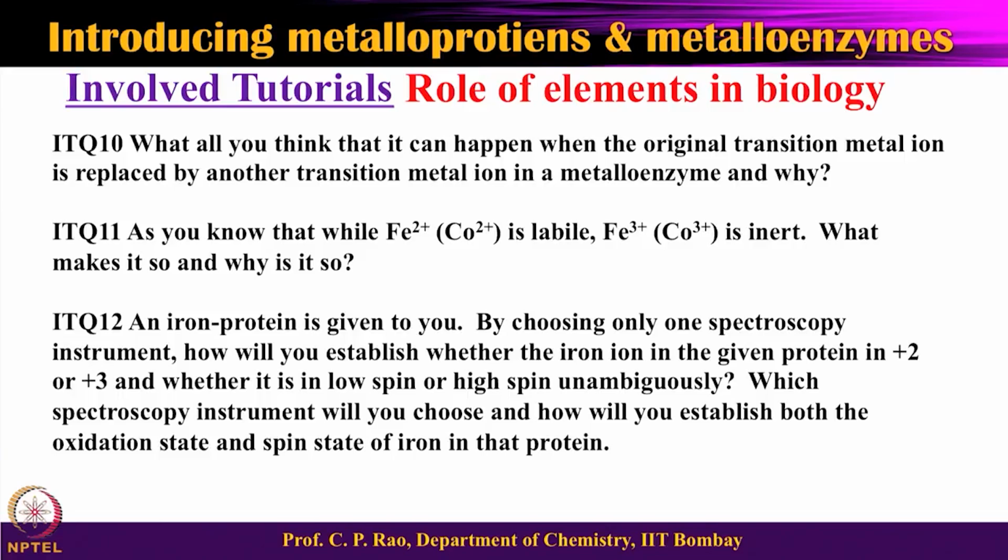What will happen? Check the activity. The activity may be stopped, it may show a different kind of activity or less activity. There are 3 possibilities: the activity is reduced, no activity, or altogether new activity. So, therefore, you can easily make out.